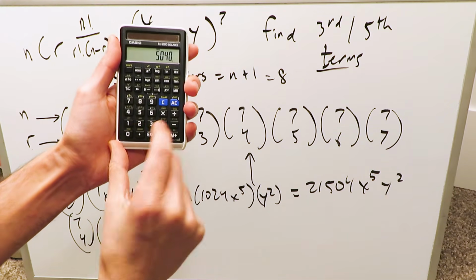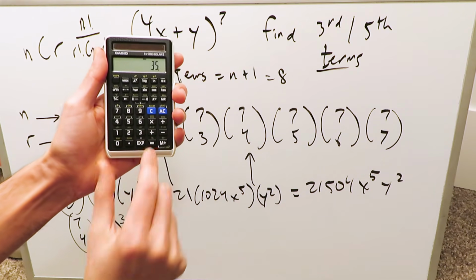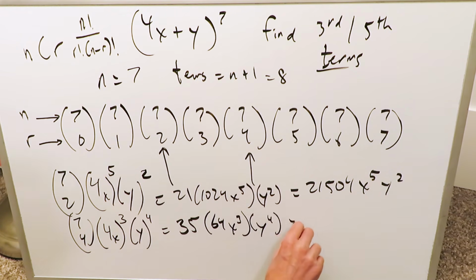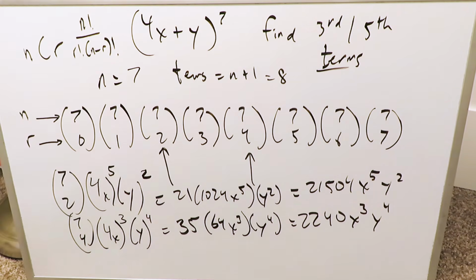We'll do 5040 divided by 4 factorial, 24, divided by 3 factorial, which is 6. 35. That's the coefficient here. You'll have 4 exponent 3, which is 64 x cubed, and then obviously y to the power of 4. What's 64 times 35? Well, that needs to be determined. I'm getting 2240 x cubed y to the power of 4.